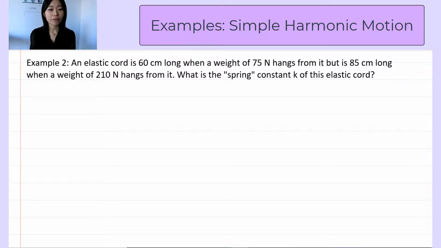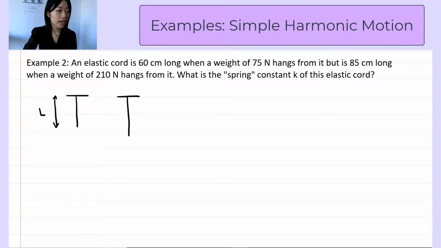Let's first sketch the problem. So there is an elastic cord. If there's nothing hangs from it, let's call the natural length of the cord L. And from the question, we know that the length is now 60 centimeters when the weight of 75 is attached to it.